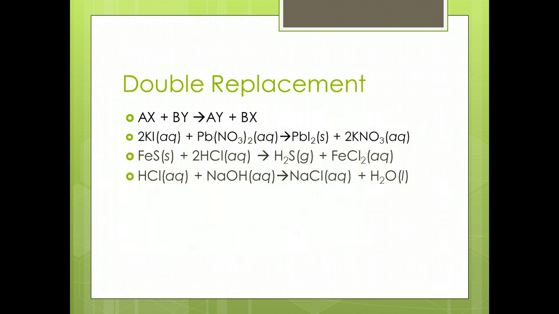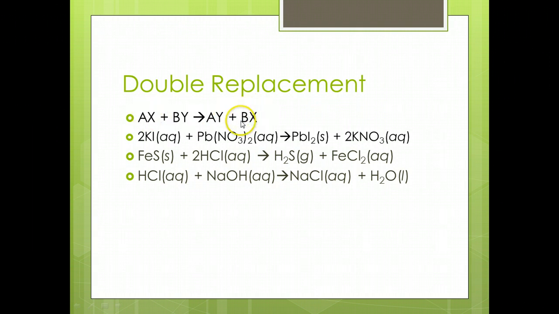Double replacement. Now we have two couples. We have two compounds, and each are going to switch partners. So if A was with X to start with and B is with Y, then my product will have A with Y and X with B. Remember, however, I don't put X first because X is my anion.